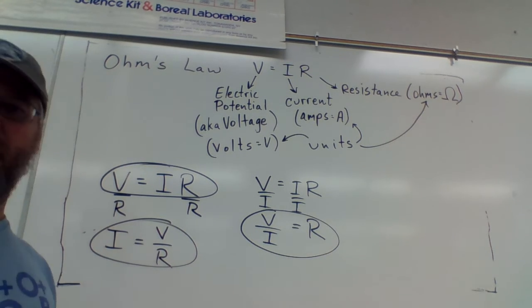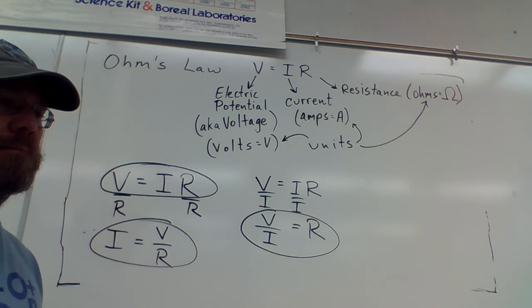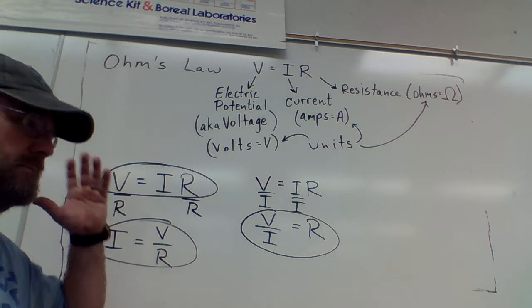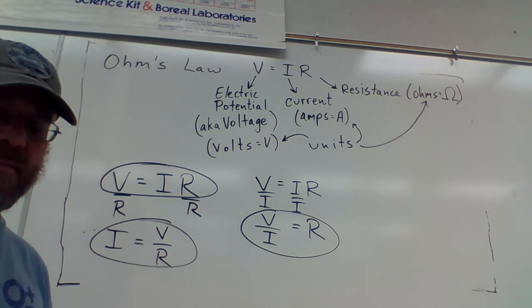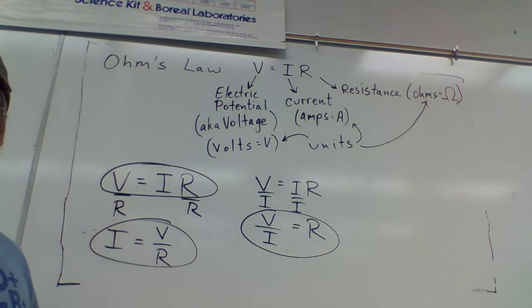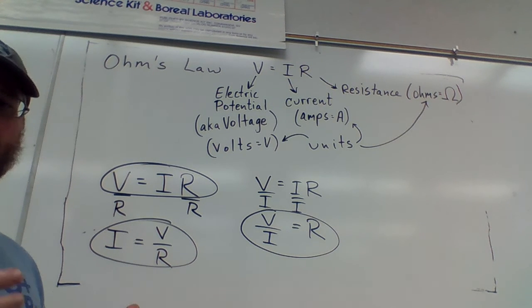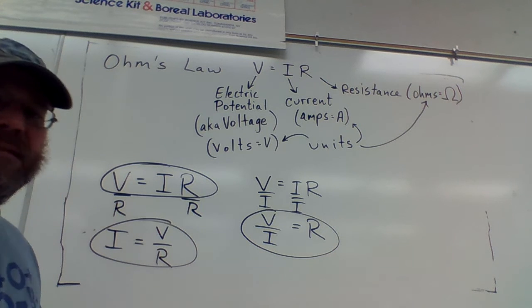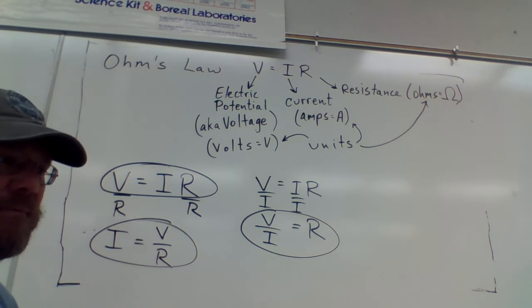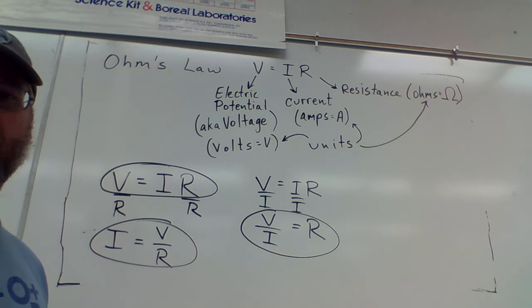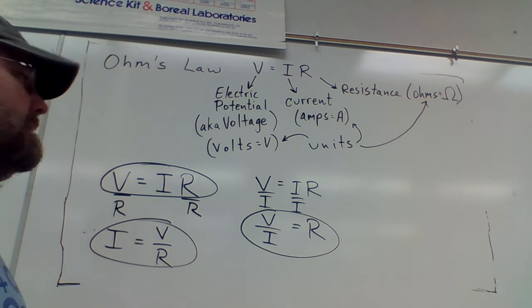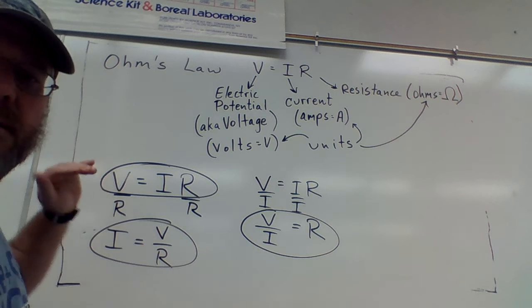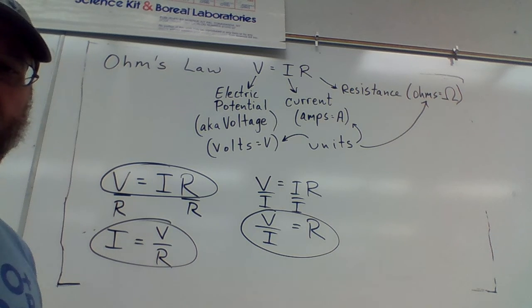Do you need to memorize them all? And my thought on that is if you remember one, you know them all. You can always algebraically manipulate them. So, with that being said, I will leave it to you on whether or not you memorize it or not. But again, if you remember one, you should be able to find all three of them.